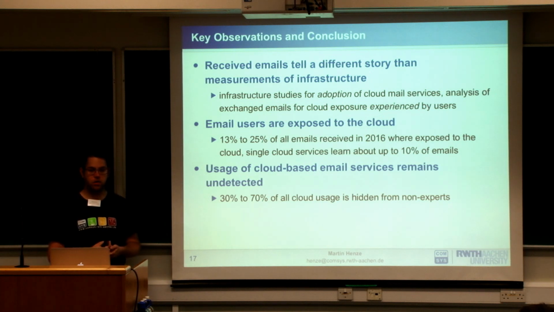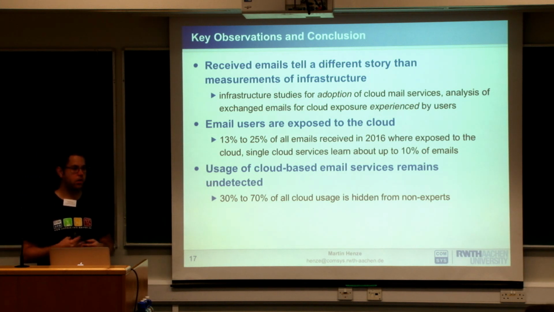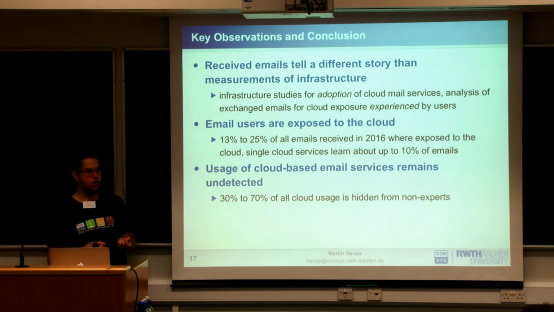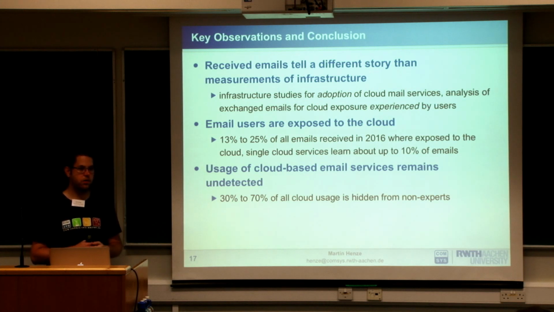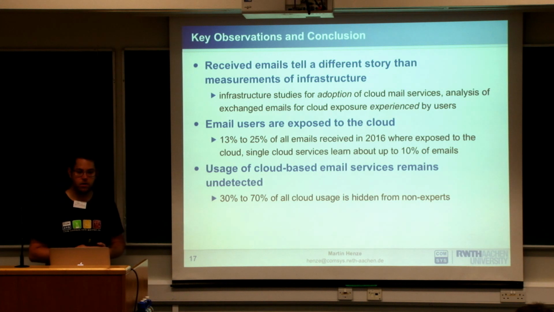Email users definitely are exposed to the cloud. 13 to 25% of all emails received in 2016 in our data sets were exposed to the cloud, and single cloud services, and also the law enforcement bodies that have control over these cloud providers, have access to up to 10% of emails. And this usage remains undetected. So 13 to 70% of all cloud usage is hidden from non-experts.